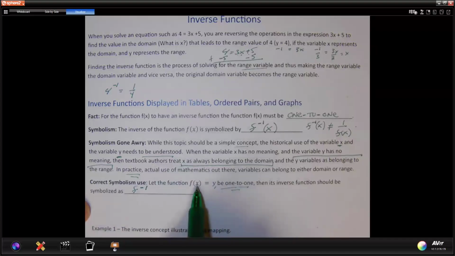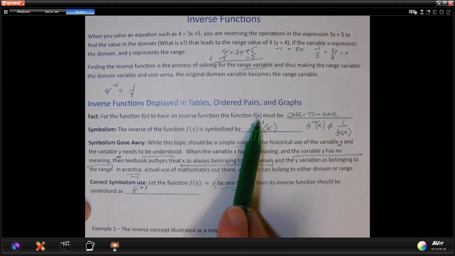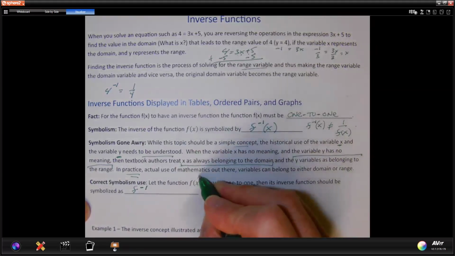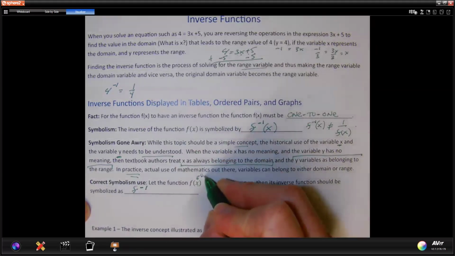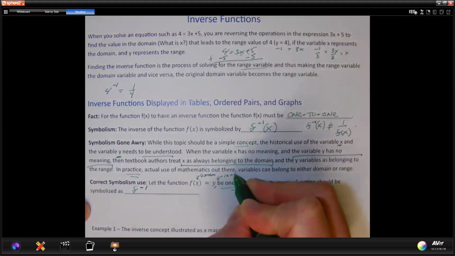Notice now I've introduced the x and the y here. Notice here I did not. Sorry, even here I did not. But now I am, so I can really focus on something. So right now, this is your domain variable, and this is your range variable.